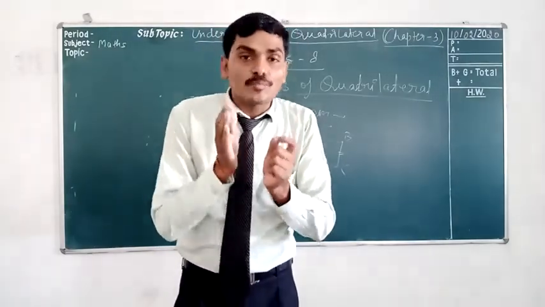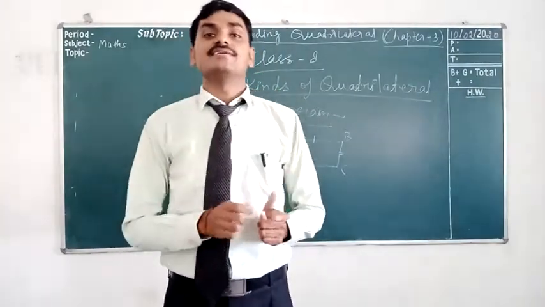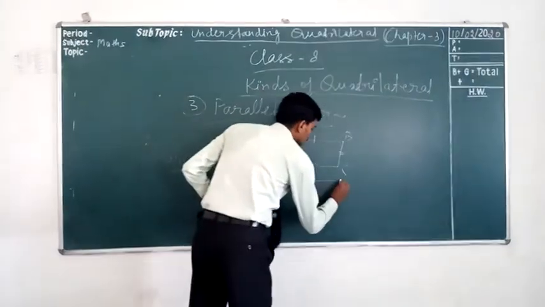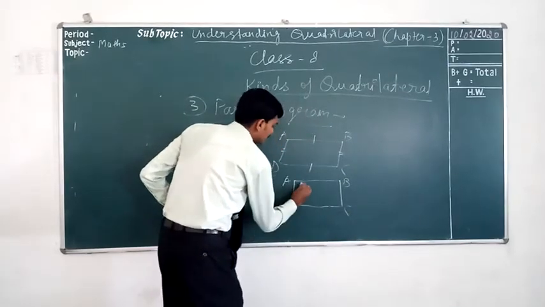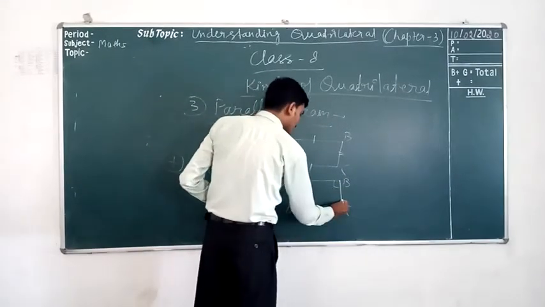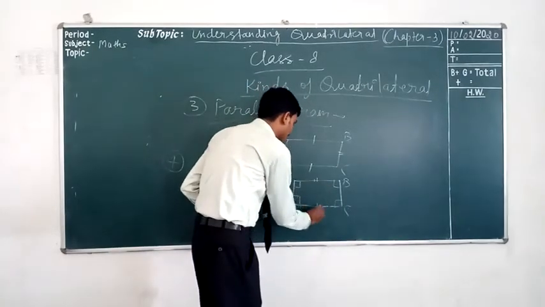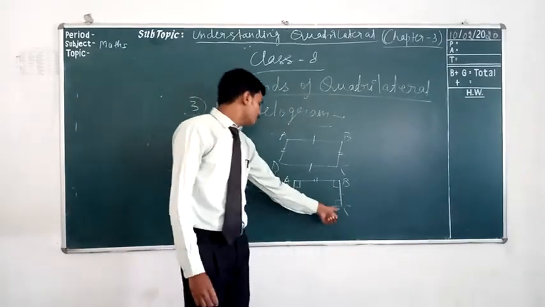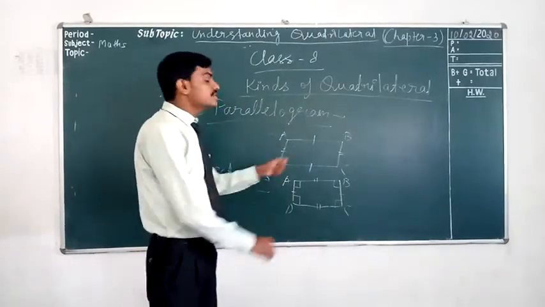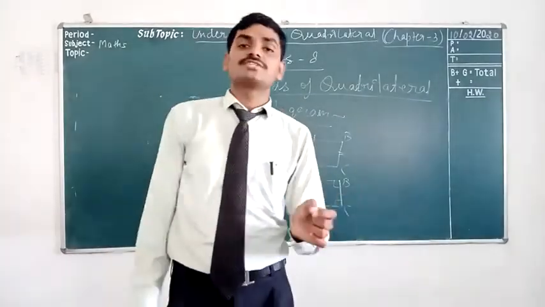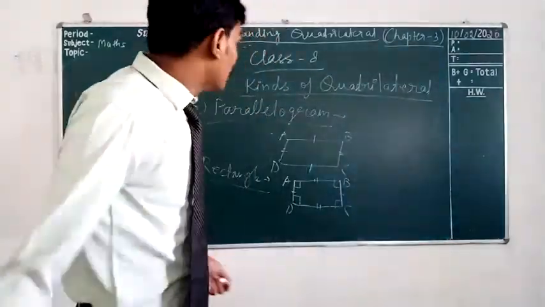This is 90 degree, this is 90, this is 90 and this is 90. Here AB is equal to CD and AD is equal to BC. So we can say that rectangle is a special type of parallelogram in which all the interior angles are 90 degree.